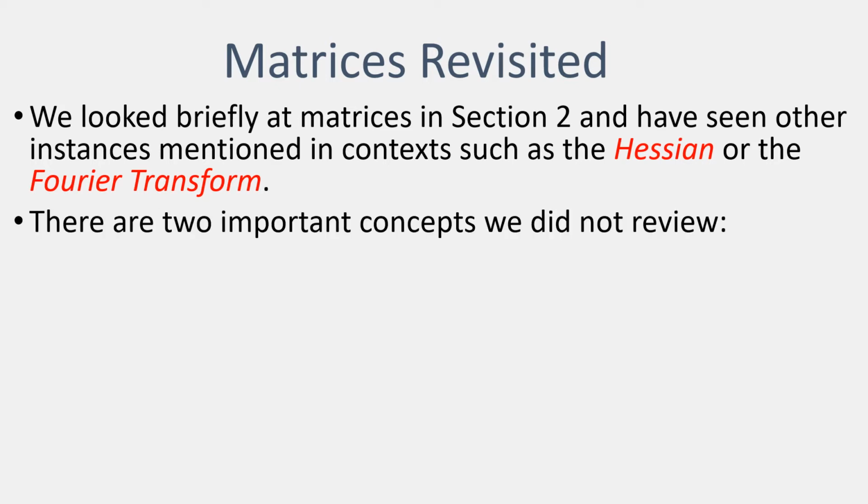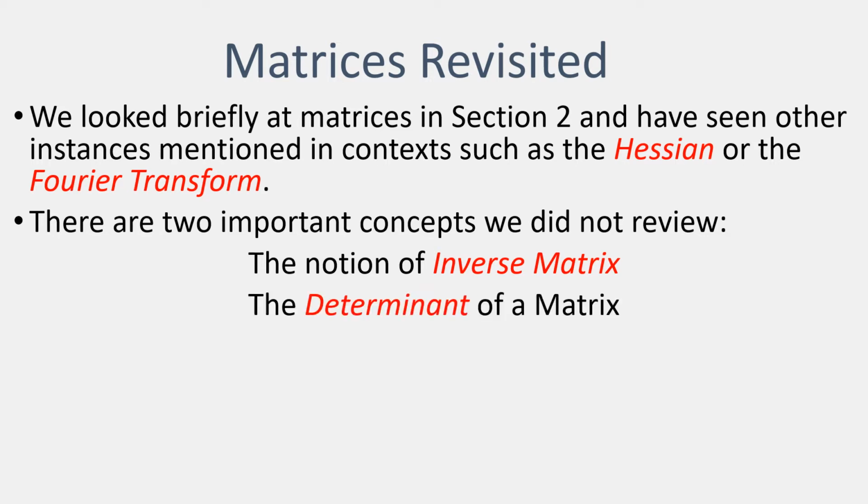There are 2 important ideas that we didn't look at when we covered that material earlier. One of those ideas is the notion of what's called an inverse matrix. The other one is the notion of what's called the determinant of a matrix.